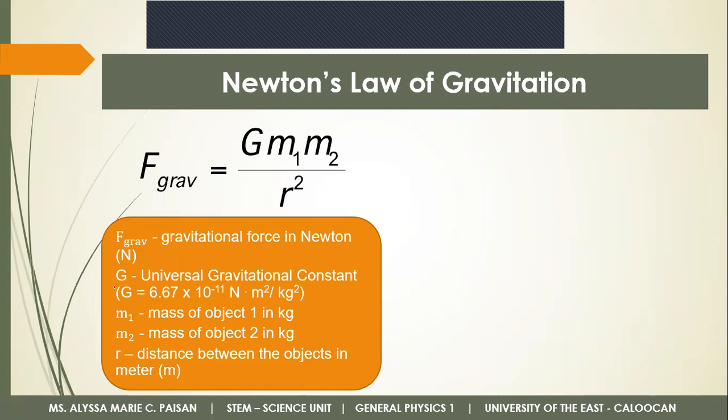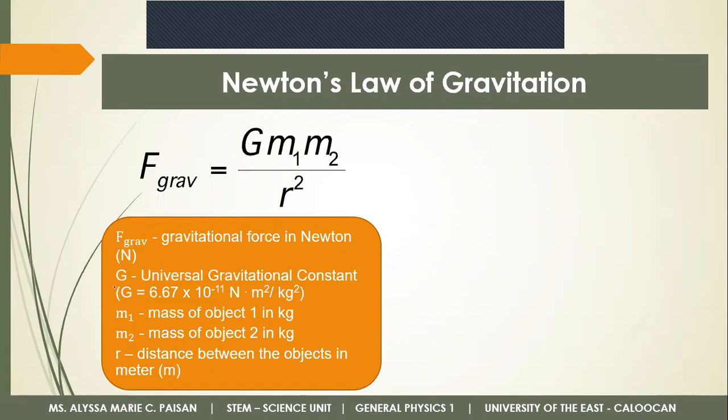So for example, you decided to go to Mars because you get tired of living here on Earth. The universal gravitational constant on Mars is the same as the universal gravitational constant here on Earth, and it is equivalent to 6.67 times 10 raised to negative 11 Newton meters squared per kilogram squared.